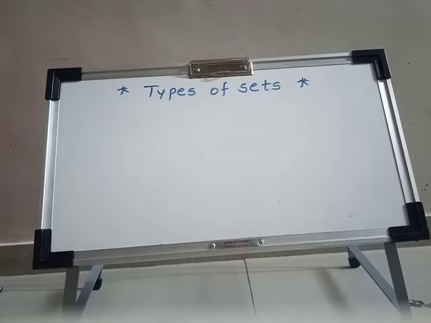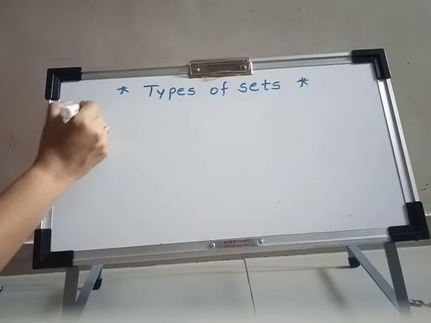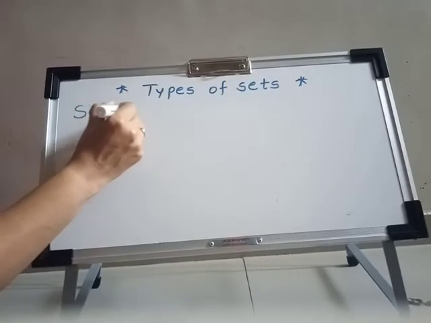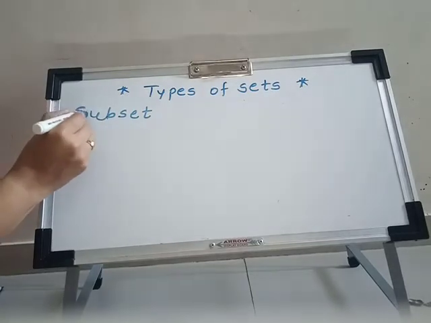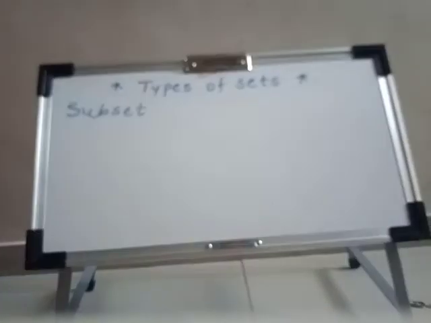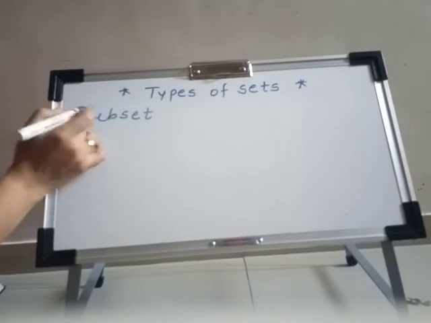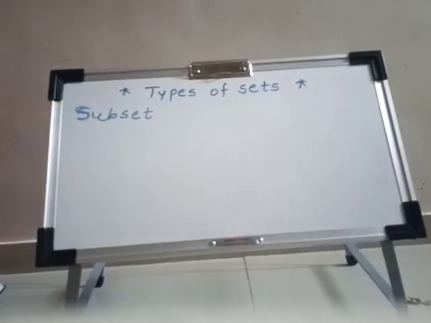Now, the next is subset. What is meant by subset? Sub. We always see subtypes, so subset means a subtype of a set.